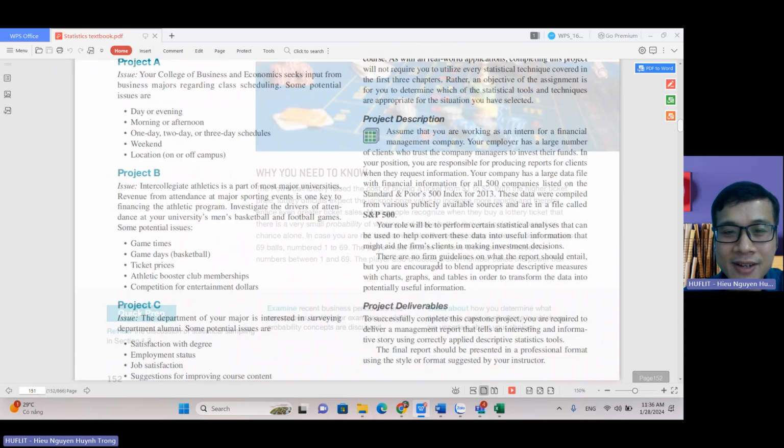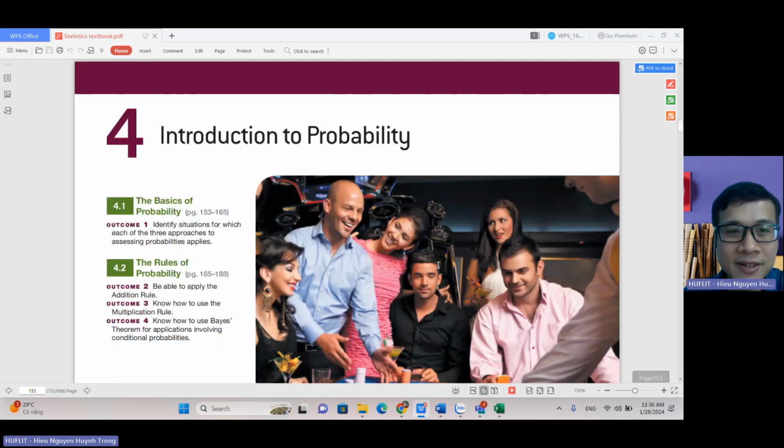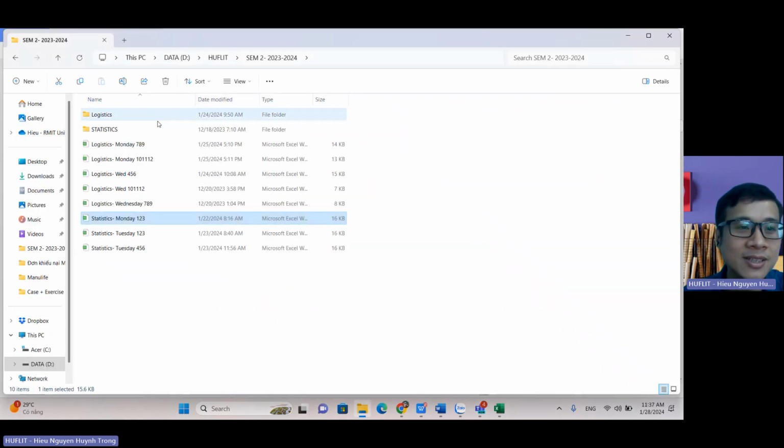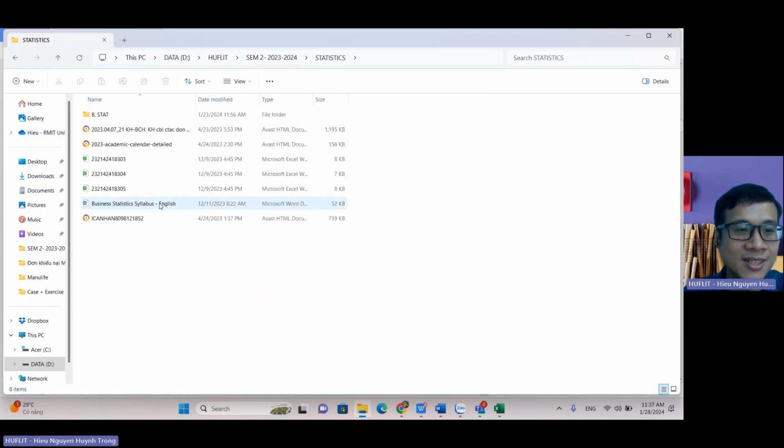After that, we have Chapter 4, introduction to probability. However, I think I will leave this chapter until after you enjoy the Tet holiday and come back to school. Then we will start the new lesson. In the meanwhile, let me check the timetable for our statistics course.